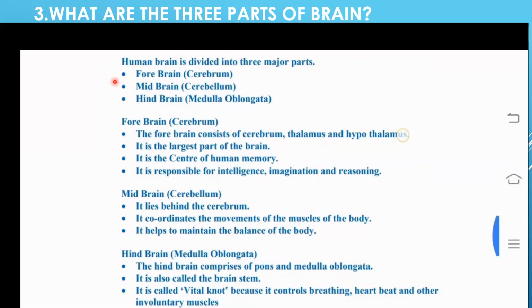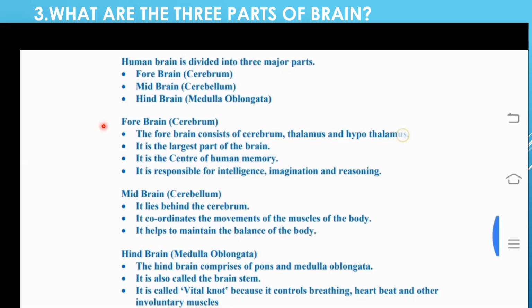Now we can see briefly about that. Forebrain. The forebrain consists of the cerebrum, thalamus, and hypothalamus. It is the largest part of the brain, and it's the center of human memory. It is responsible for intelligence, imagination, and reasoning.